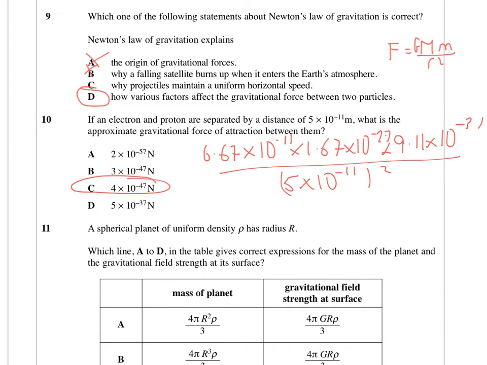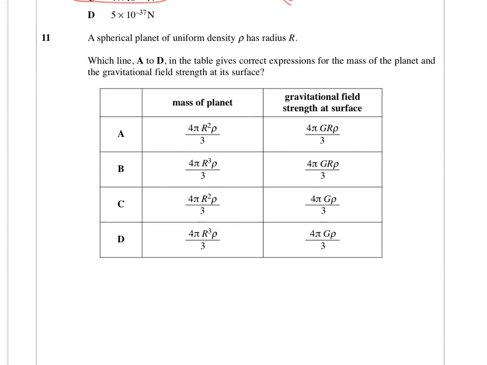Okay, so let's have a look at question 11. A spherical planet of uniform density has a radius r. Which line A to D gives the correct expression for the mass and the gravitational field strength at the surface? So the volume of a sphere is 4 over 3 pi r cubed, and mass would be your density times volume, so it's going to be 4 over 3 pi r cubed times the density.